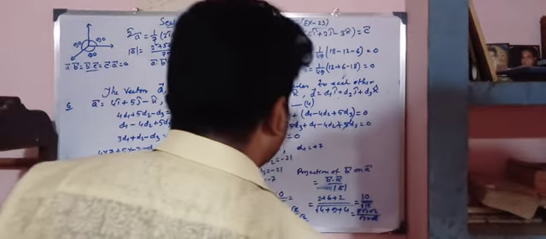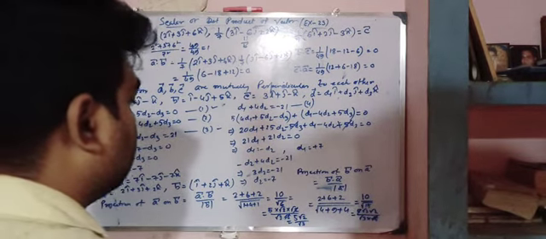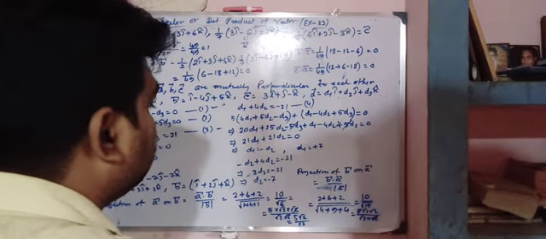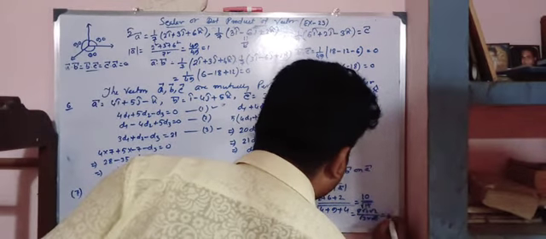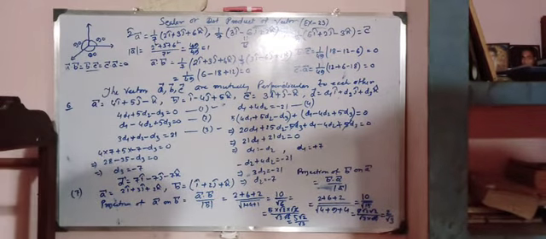So this can be cancelled. So the answer should be 2 by root 3. Okay, so that should be the answer.